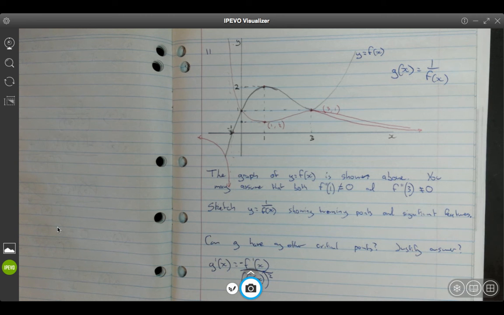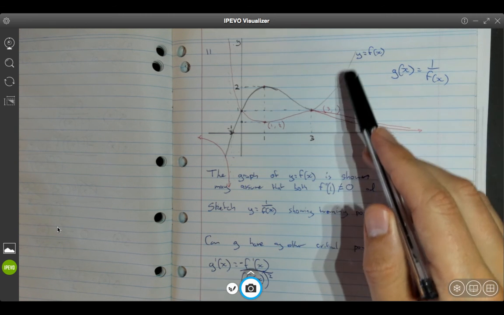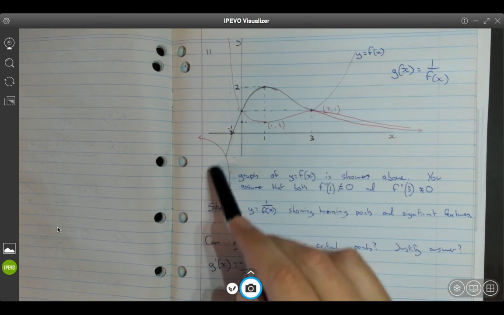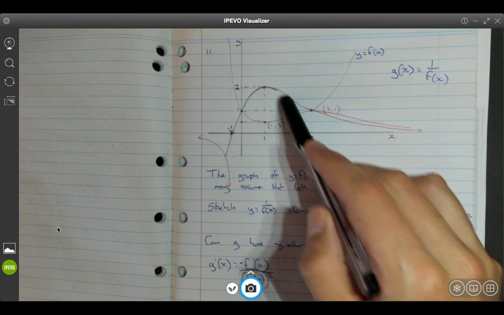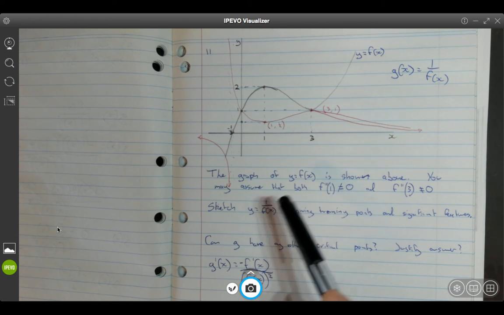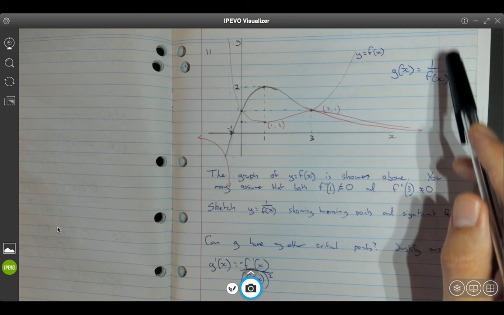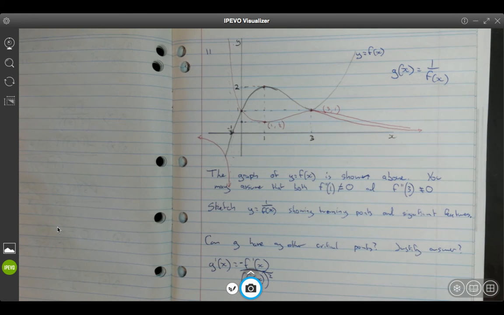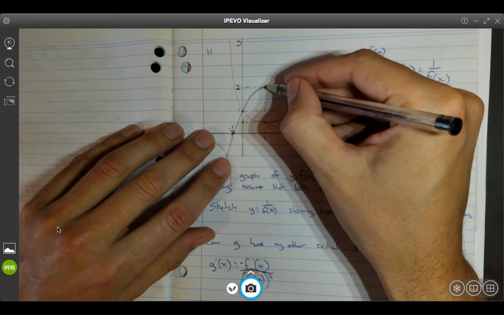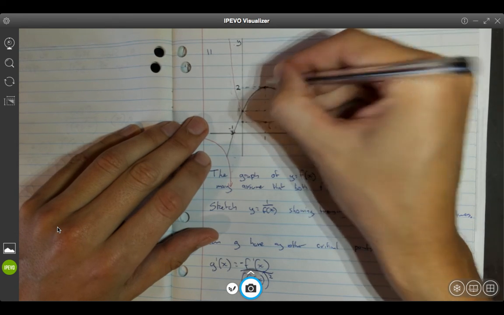We're just going to take that y equals f of x looks like this dark one here, and I've already sketched out y equals g of x, which is 1 over f of x, and we found that the stationary points for f of x will be the same as g of x. So we've got a stationary point here at 2 where f of x is 0.